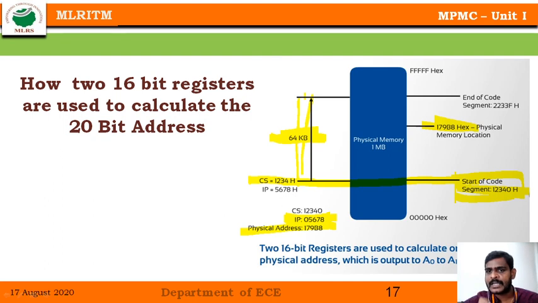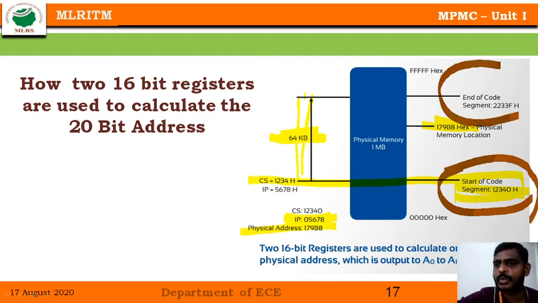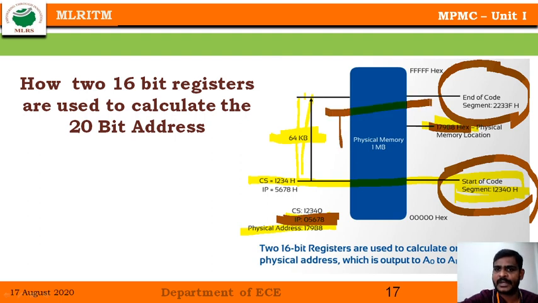But actually I can access 64 kilobytes from the location 12340 to 2233F. This is the actual physical address range available. Because of the offset value, it is pointing somewhere at 179B8, an address where some data will be.